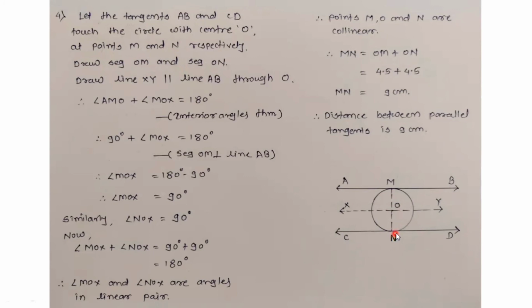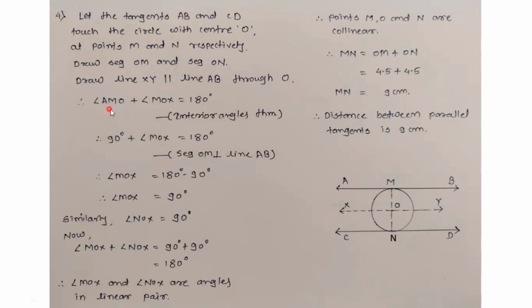And we have to do one more construction, that is draw line XY which is parallel to line AB, and line XY passes through the center of the circle, that is O. Now if we do this construction, we have two angles, angle AMO and angle MOX. These two angles are interior angles.